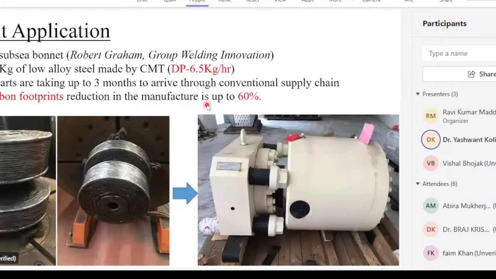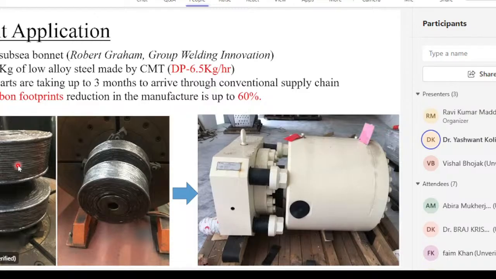This is a recent application I have gone through: a prototype subsea bonnet, fabricated by Robert Graham, a group welding innovation scientist. You can see there are a number of layers deposited one over the other. This is made from the CMT WAM process.